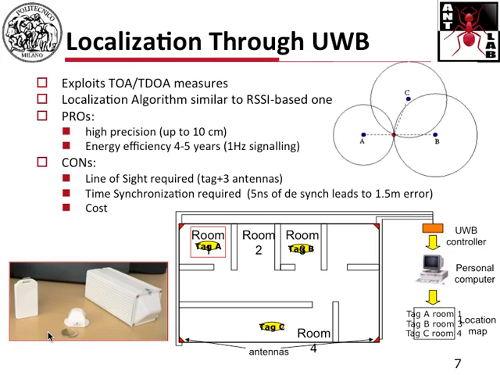So, localization through ultra-wideband. With respect to the RSSI model we have seen so far, ultra-wideband uses TOA, which is time of arrival, or time difference of arrival information to localize. The architecture is the same as RSSI-based localization systems: you have anchor nodes and tags, client nodes.